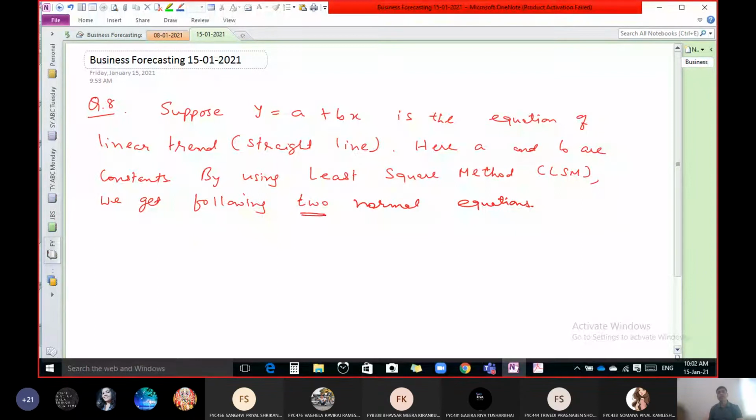Why two normal equations? Because there are two constants a and b. We require to calculate the value of a and b. So by using least square method, we get following two normal equations.